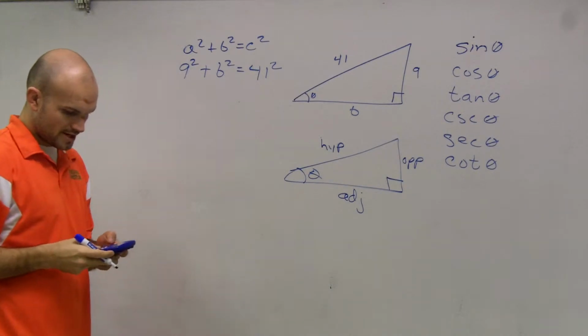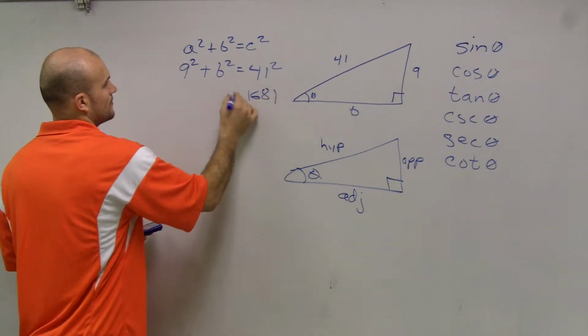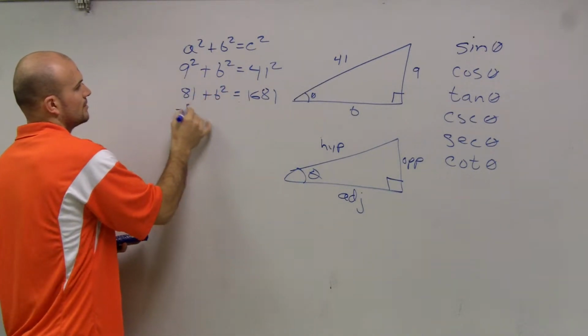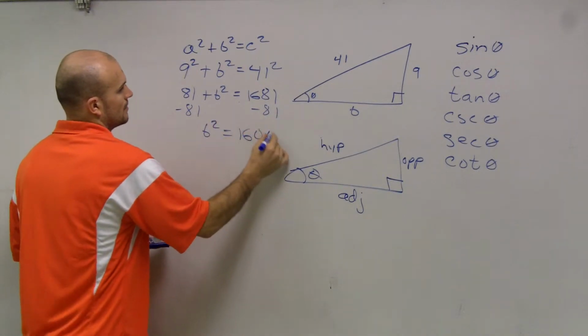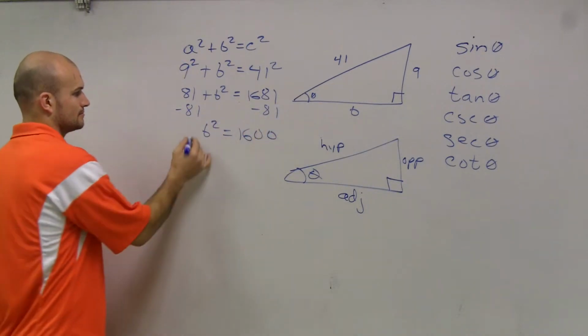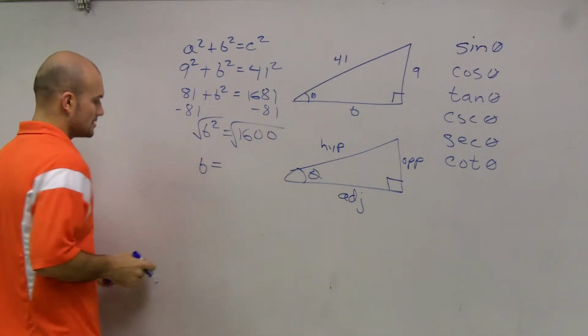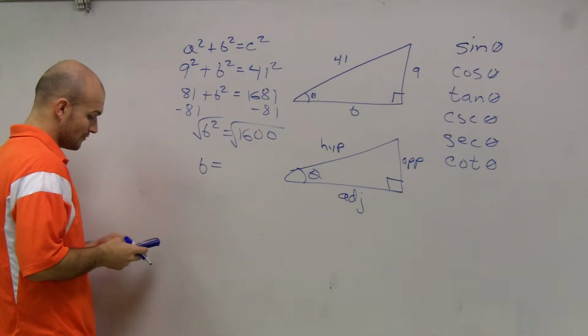So 41 squared is 1681 equals 81 plus b squared. Minus 81 equals 1600. So therefore we have 40.